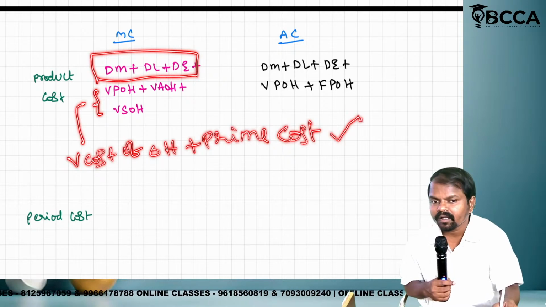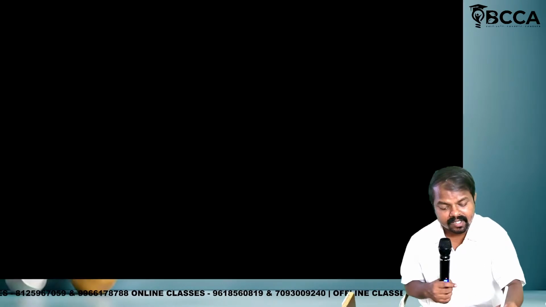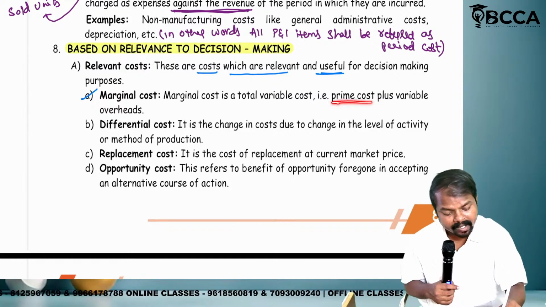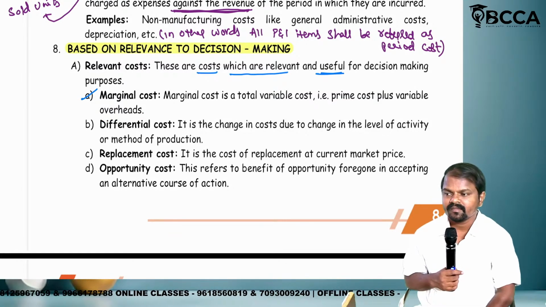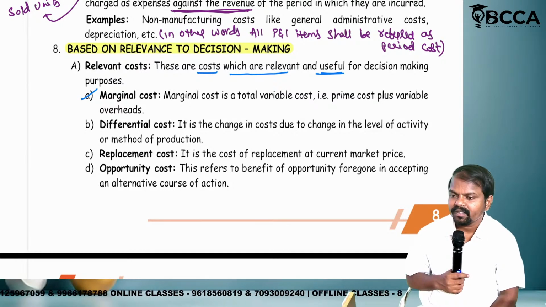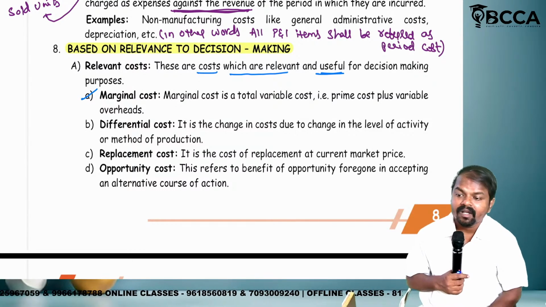Excellent. That is the reason the concept book mentions prime cost plus variable overhead. You got my point? They mention prime cost plus variable overhead.